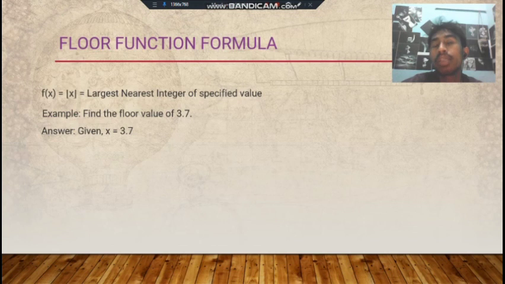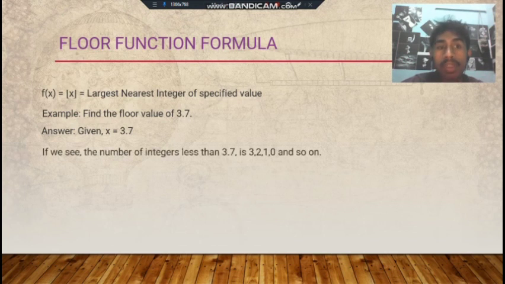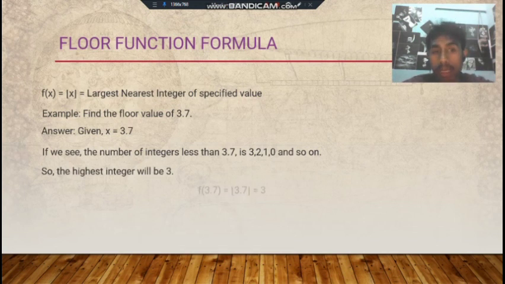Answer, given x equals 3.7. The integers less than 3.7 are 3, 2, 1, and 0, and so on. So the highest integer will be 3. f(3.7) equals floor of 3.7 equals 3.